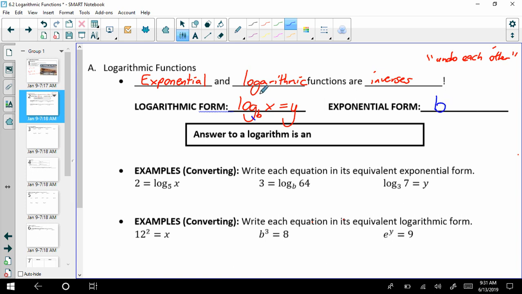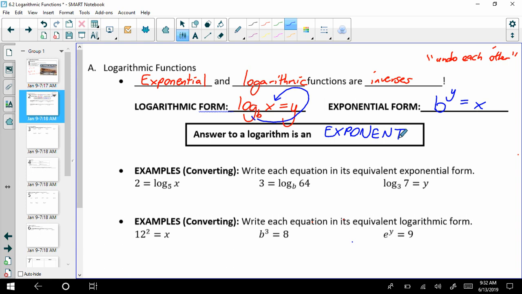The exponent is the answer to the log, so the y is the exponent, and then x. Some people, in order to convert back and forth, do it kind of like an arrow. They'll start at b, arrow around, end at x, meaning it would be b to the y equals x. But the big thing to remember, whenever you answer a logarithm, the answer is an exponent. I can't stress that enough.